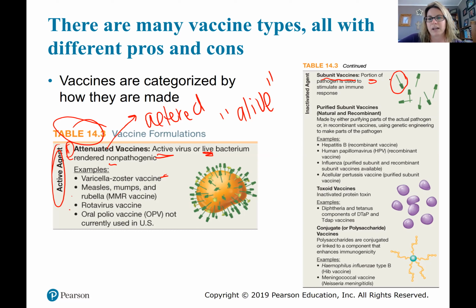And then there are purified subunits. These have basically been genetically engineered. We've got hepatitis B, HPV, and toxoid vaccines, which are inactivated toxins. So they take the tetanus toxin and damage it in a way so that it still has the antigen and promotes immunity, but it does not damage the cells. And then we'll talk about conjugate vaccines in just a second.